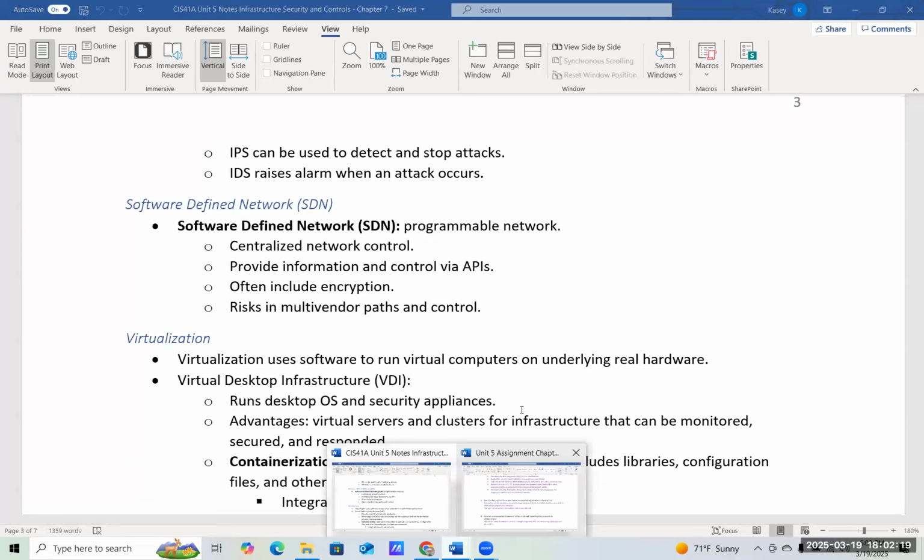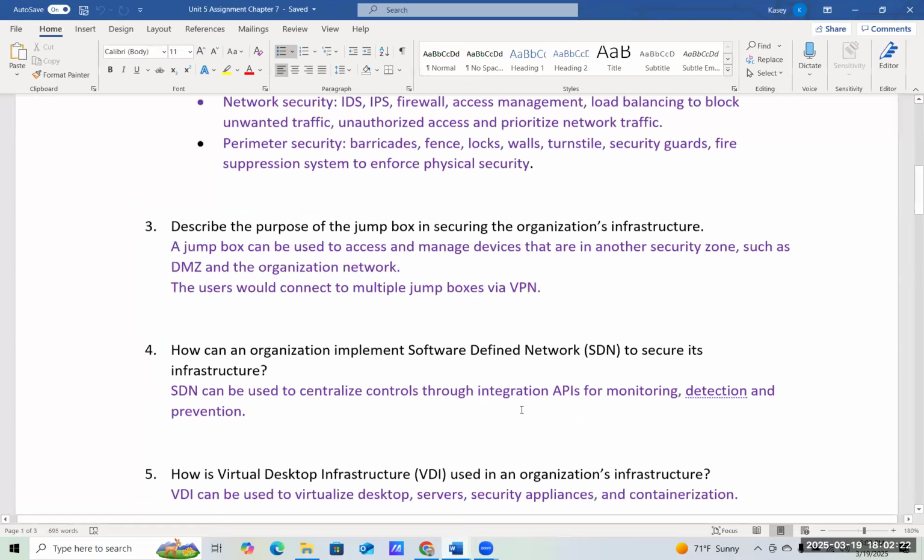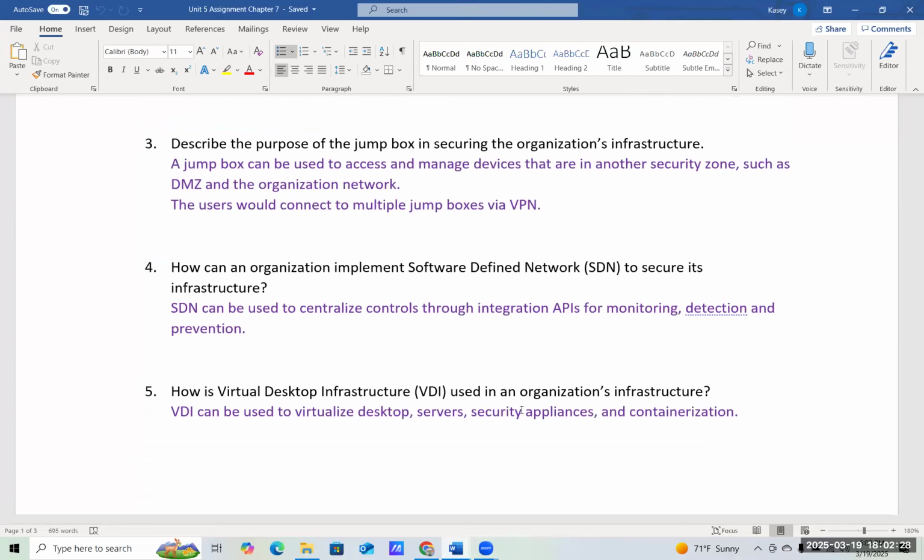Okay, so for question 4, it says, how can an organization implement software-defined network, or your SDN, to secure its infrastructure? We can use it to centralize controls through the integration of application programming interfaces, your APIs, for monitoring, detection, and prevention. So we can use this to integrate the software, with the API, to be able to monitor the type of threats and the vulnerabilities.